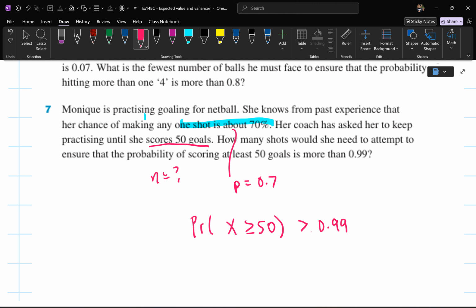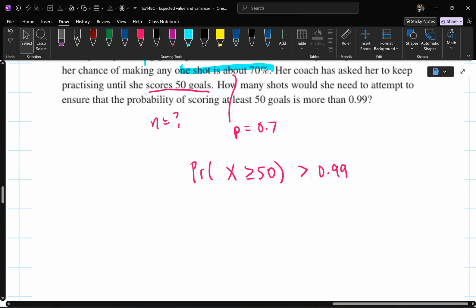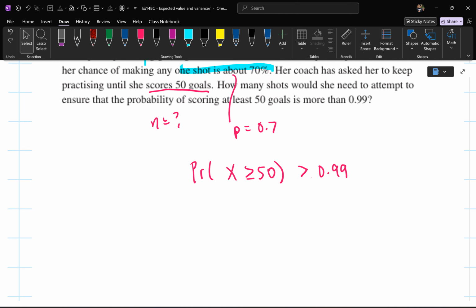Kind of similar to before, except this one, we don't know how many shots are needed. You're trying to find the minimum number of shots to ensure a 99% chance. Logically, 50 onwards is a lot of possibilities, so we do the reverse. What you're meant to work out is 1 minus Pr(X less than or equal to 49), because it's from 50 onwards.